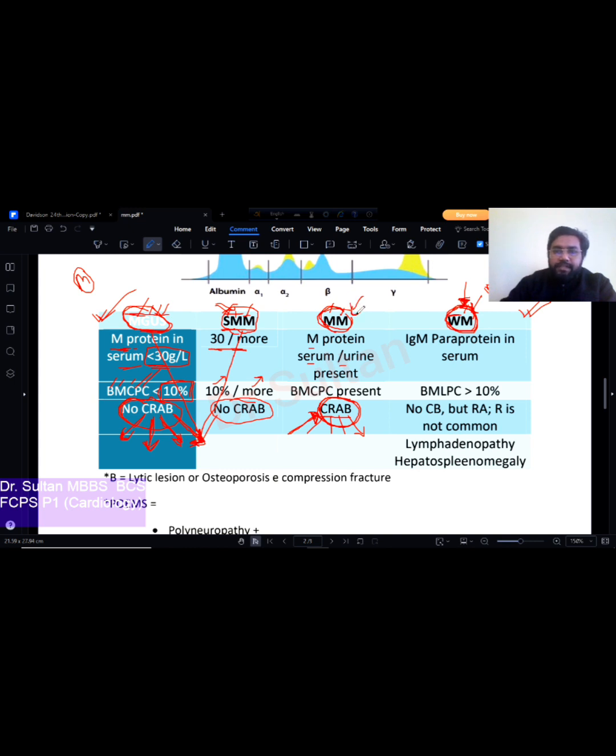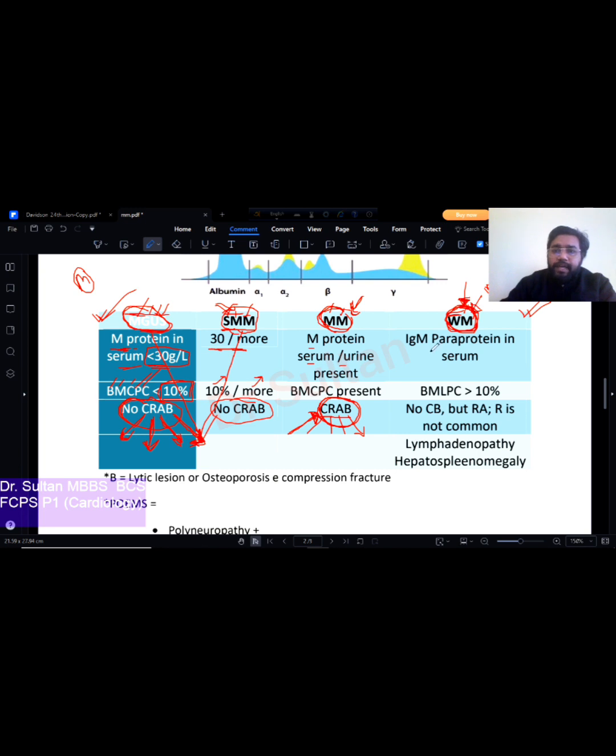Multiple myeloma also has anemia and features of hyperviscosity, so both can be present in the two conditions. But in Waldenstrom macroglobulinemia there is involvement of lymphoid tissues. This is the differentiating point from multiple myeloma.